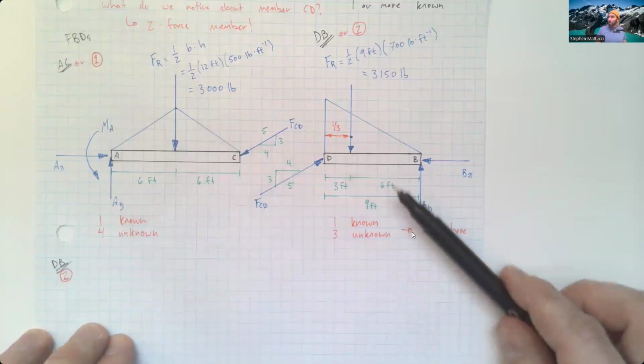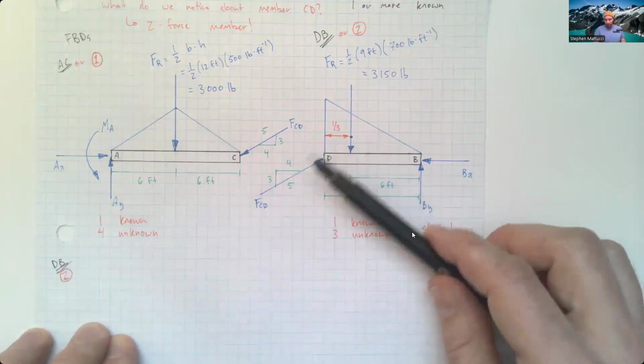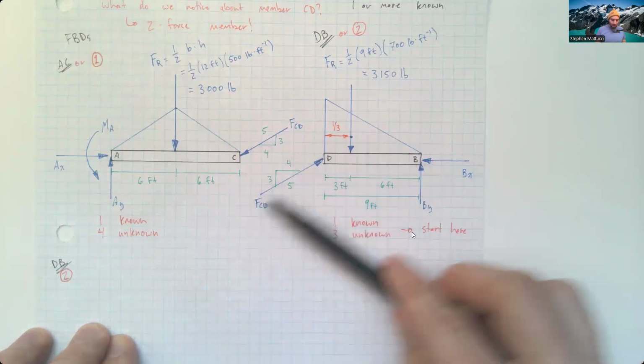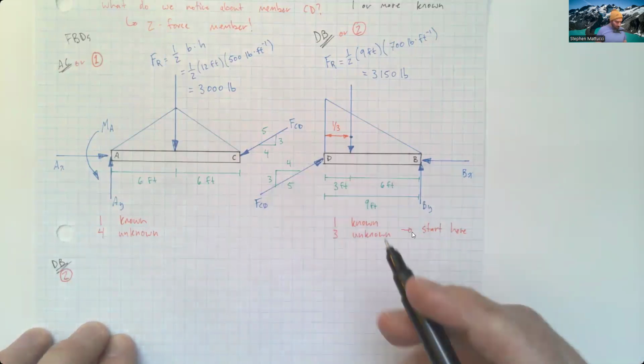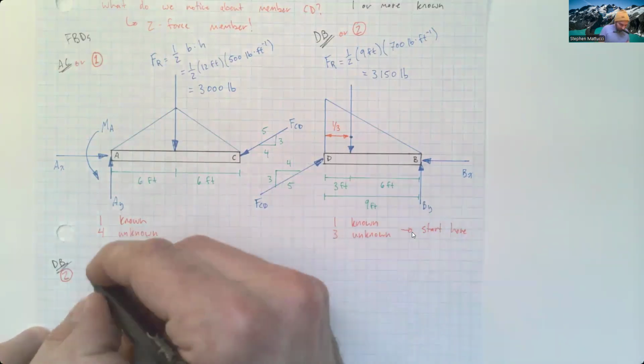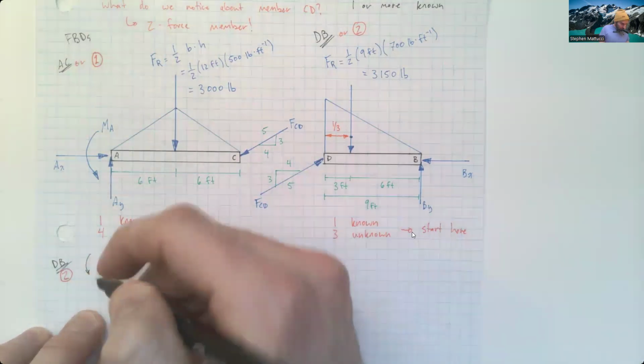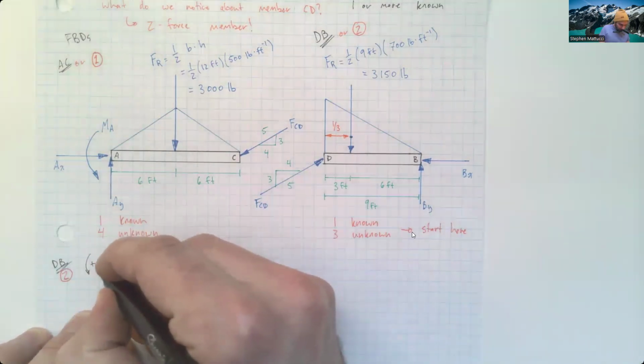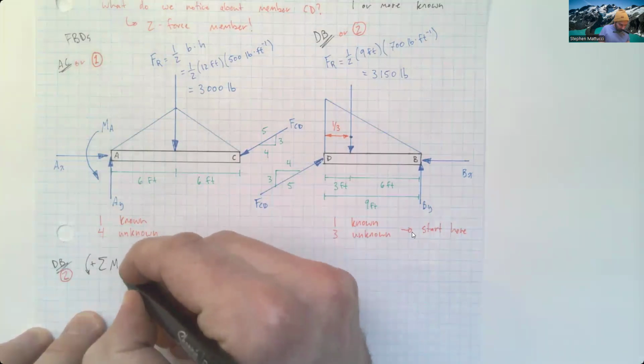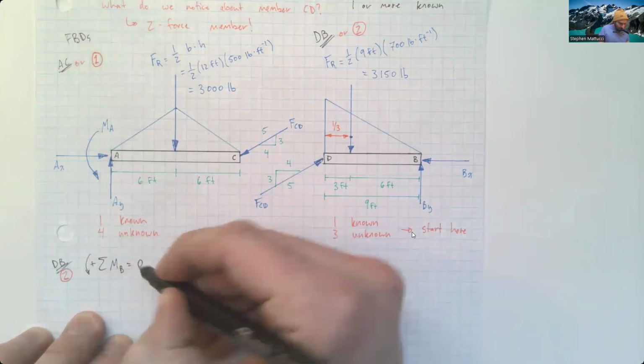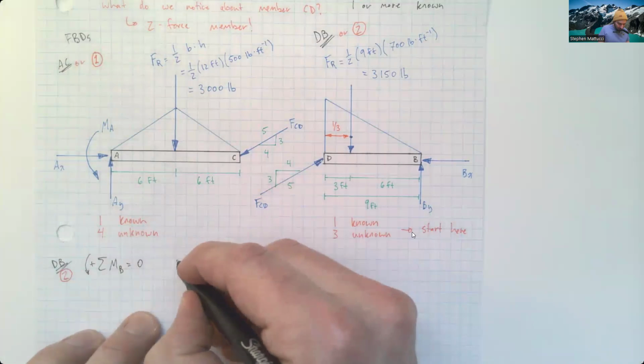Okay, so the first thing we can do, we can sum our moments about B to solve for FCD in one step. So let's do that. Sum of moments about B equals 0.